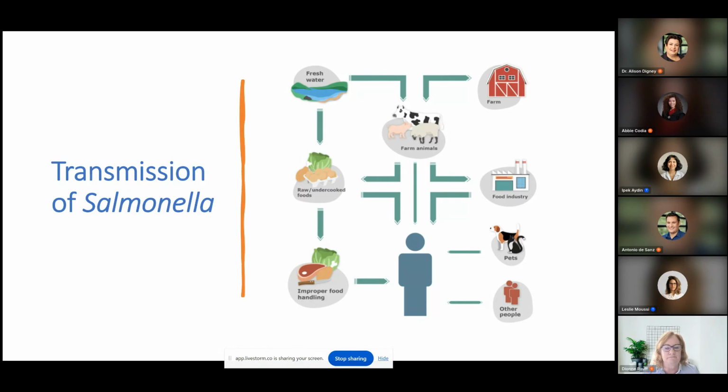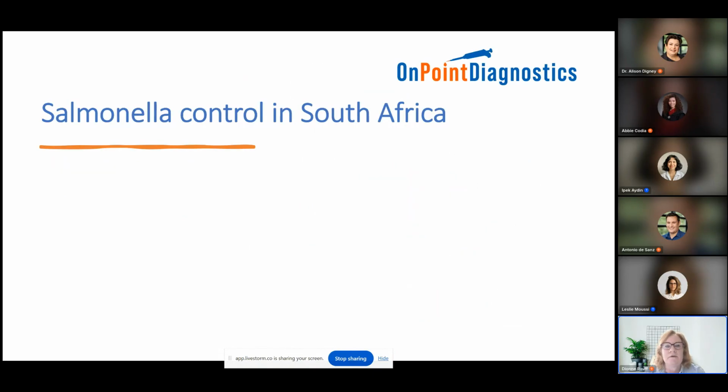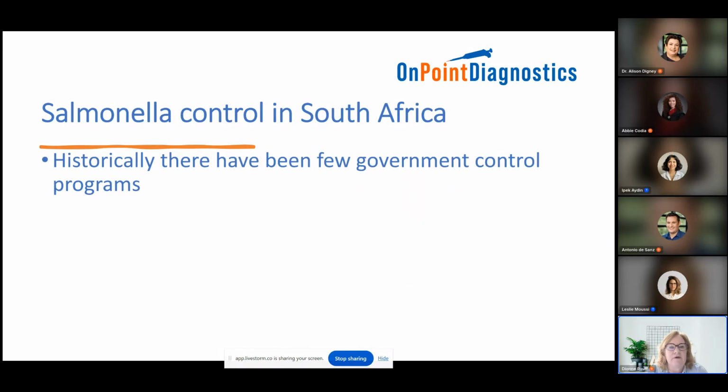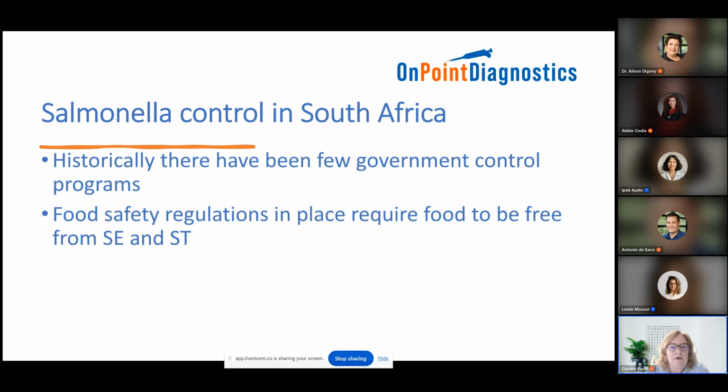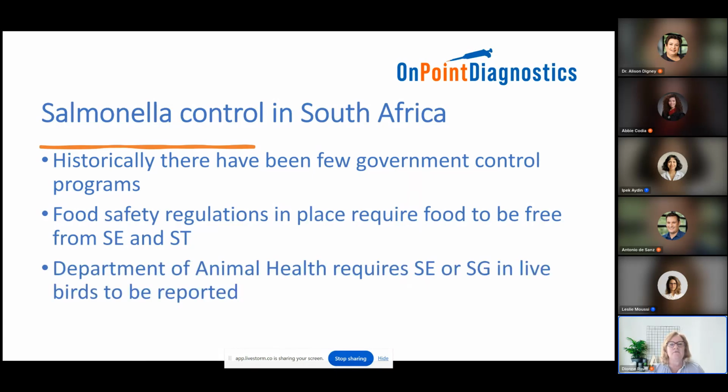If we look at Salmonella control in South Africa, historically, as I mentioned, there have been few government control programs. Food safety regulations require food to be free from Salmonella enteritidis and Salmonella typhimurium, while the Department of Animal Health requires that Salmonella enteritidis or Salmonella gallinarum in live birds is reported to them.